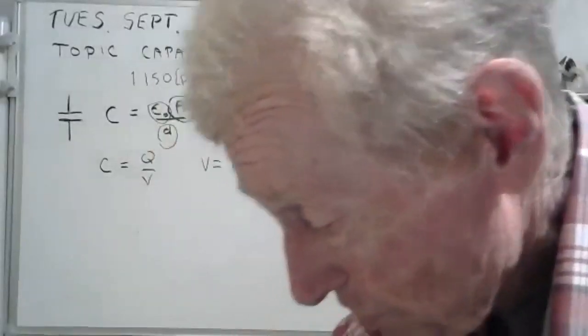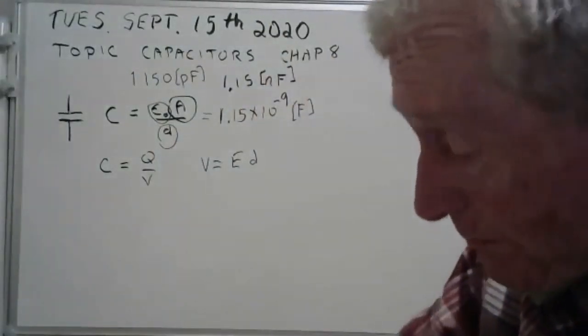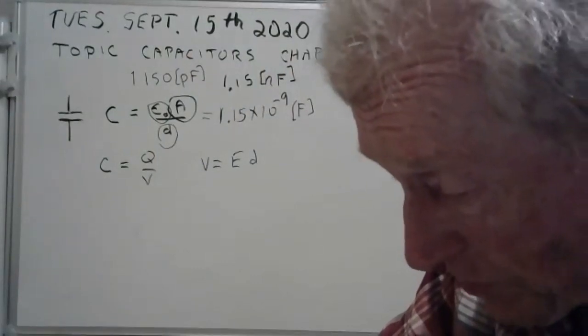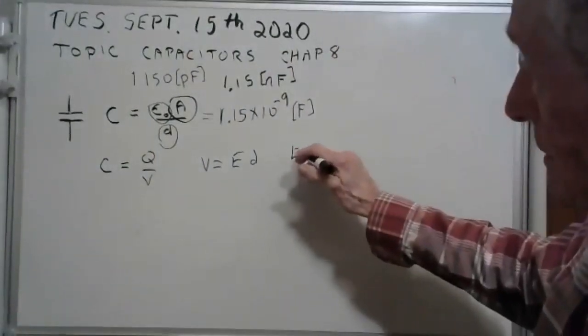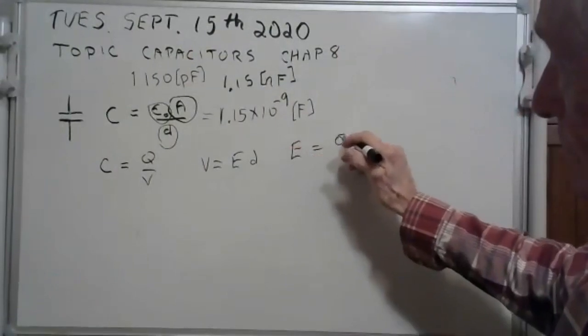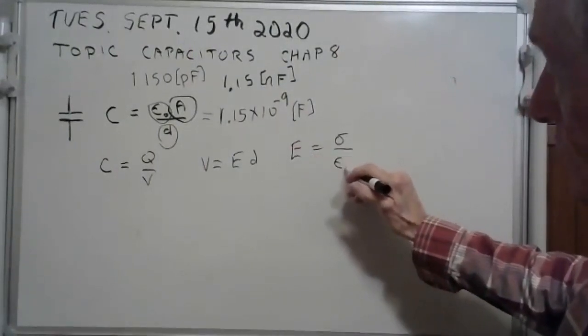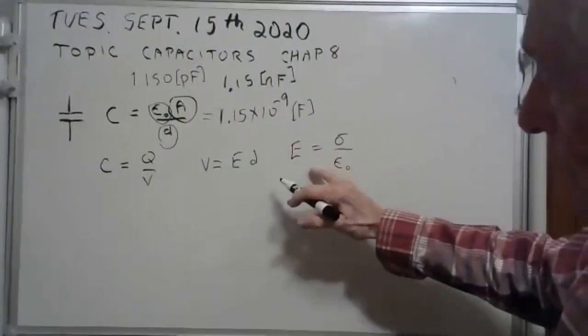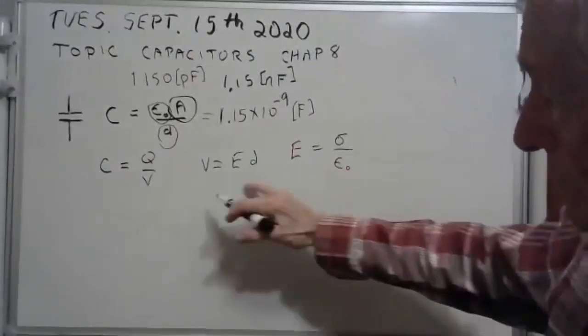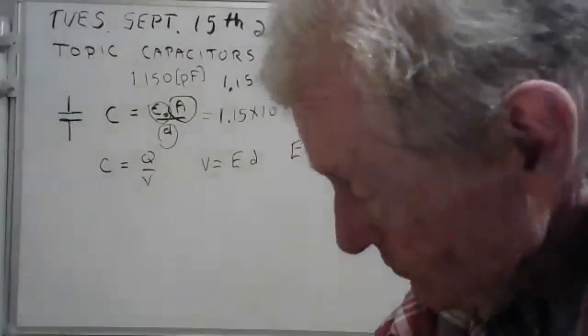The electric field is constant inside a capacitor. In fact, the electric field is equal to sigma over epsilon zero. I think you've seen that formula before. I know, you've seen both of those formulas before.